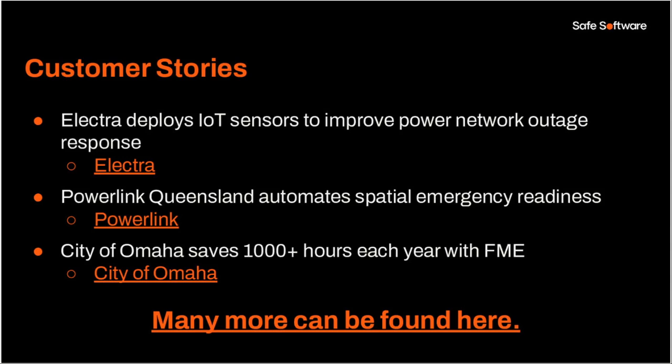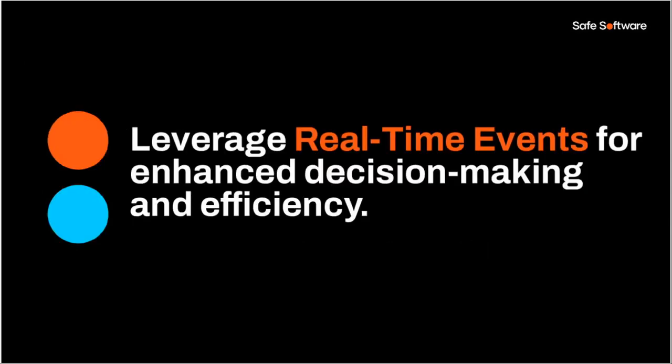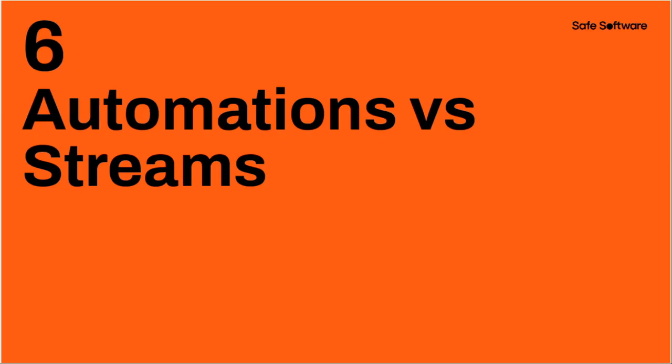If you click on the link, you're going to find another 10 on automation, because FME Flow really is automation. Real-time events are about enabling you to make better decisions and keep all your systems in sync, so your decisions are based on what is going on now, right? And I think I'll hand this off to Stuart here.